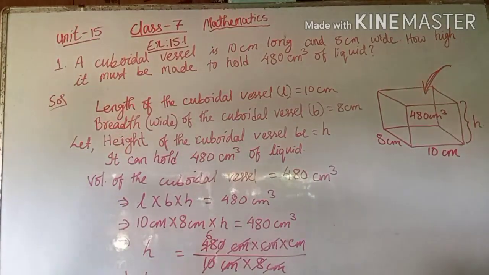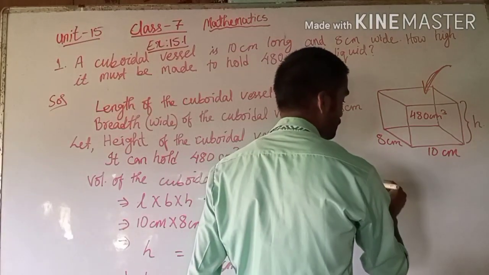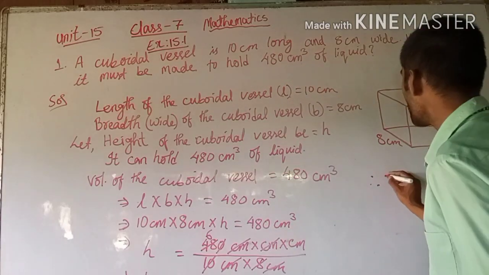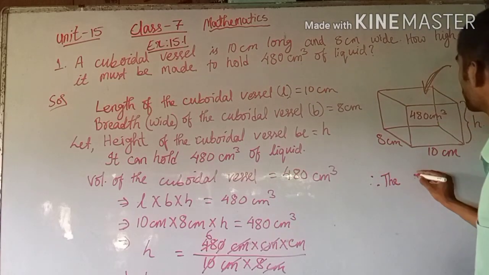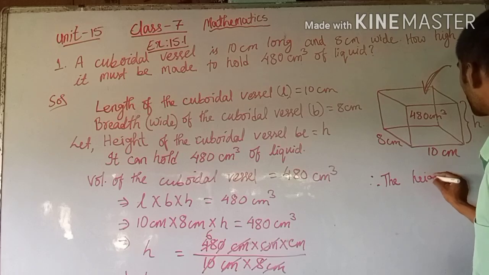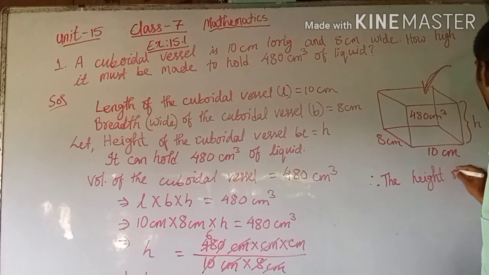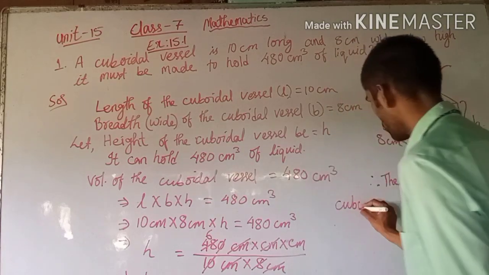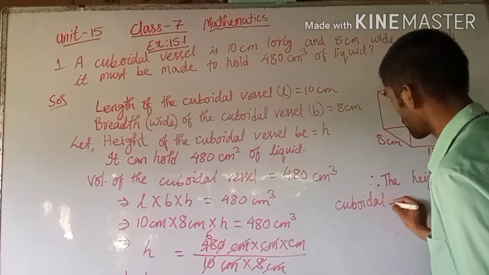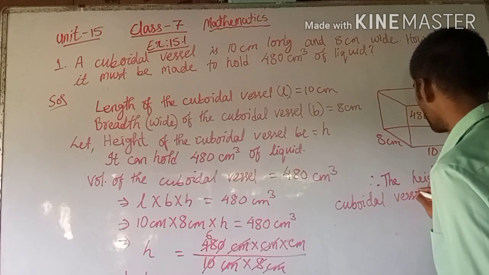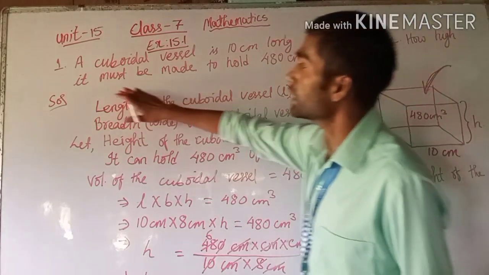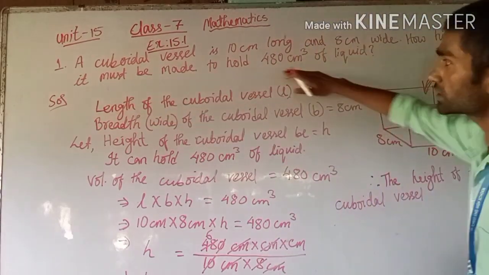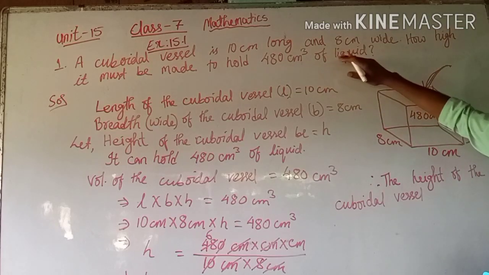So therefore we write the height of the cuboidal vessel to be made, that is, what its height should be so that it can hold this much centimeter cube of liquid.